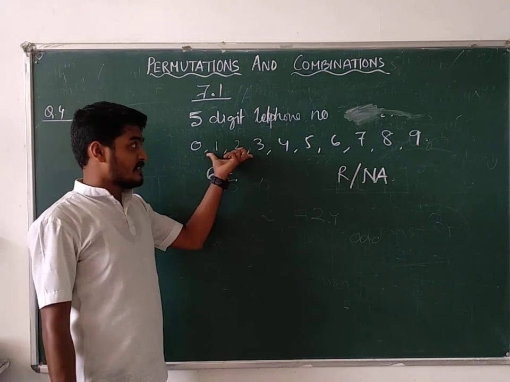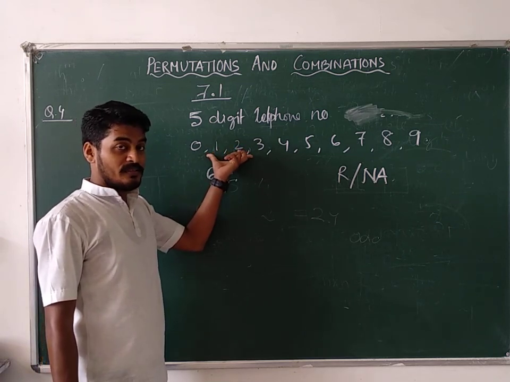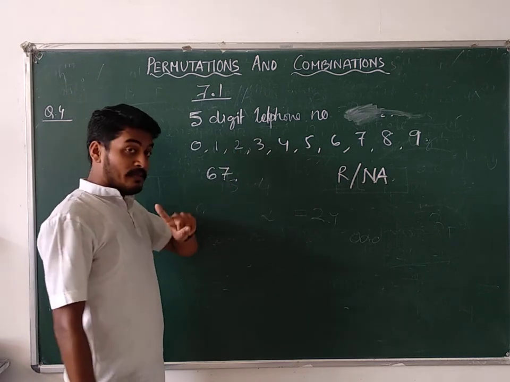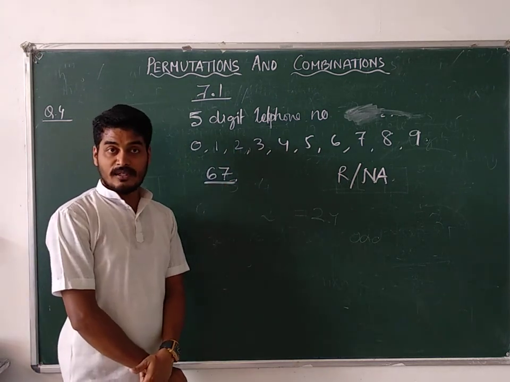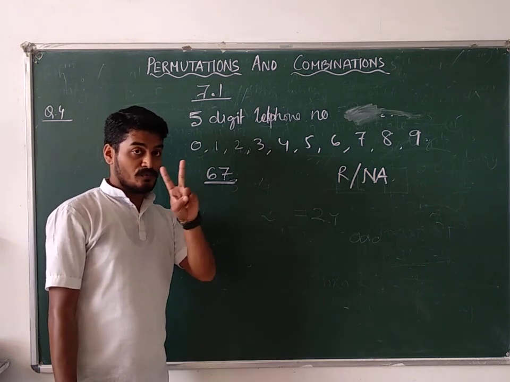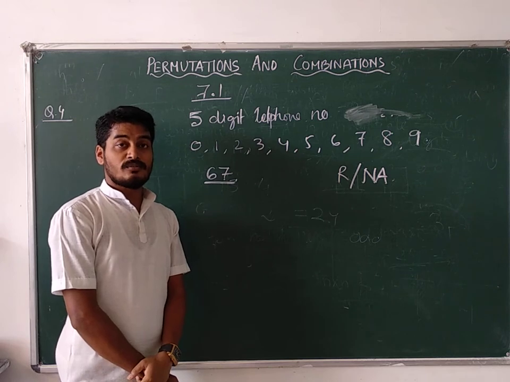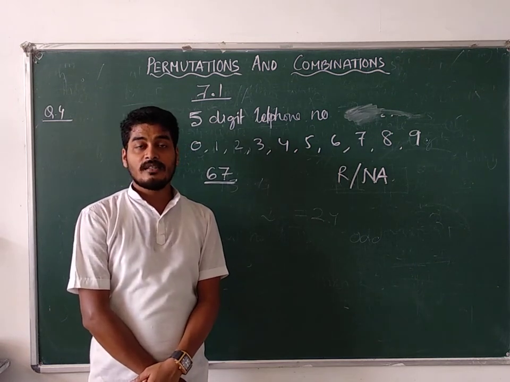Out of 10 digits you can use any 5. Remember, all those telephone numbers should start with 67, that means the first two digits on the left should be 67, and no digit is repeated.